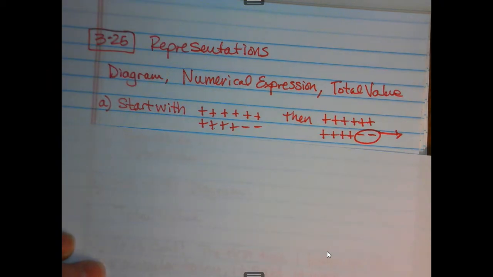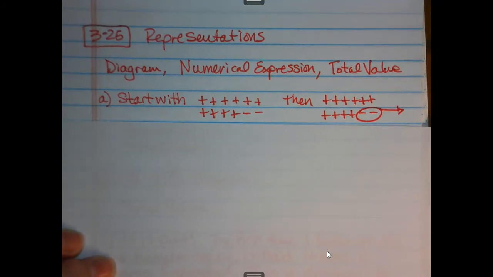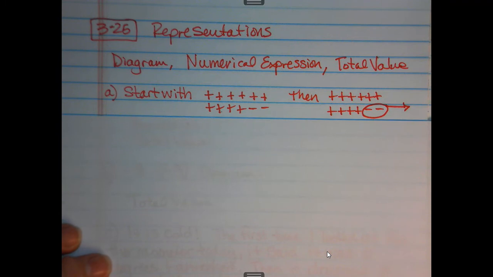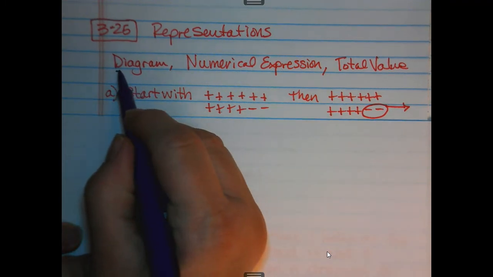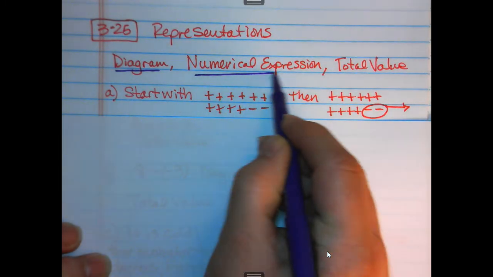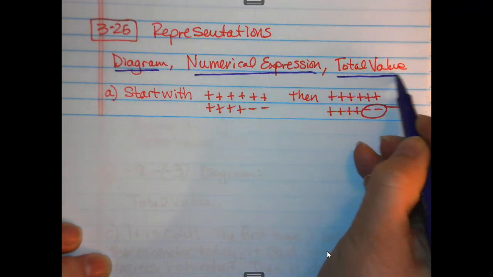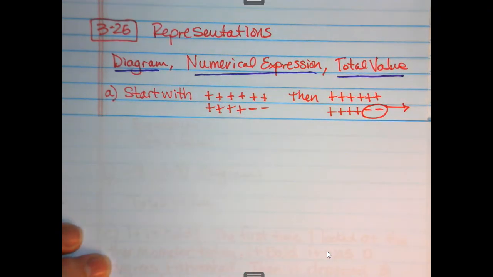Let's take a look at our second problem that I want to go over with you today. This one, we are going to be looking at representations again. Slide this down so you can see it easier. And the representations that we are going to focus on are making sure we have a diagram, a numerical expression, and the total value for whatever problem we are given.